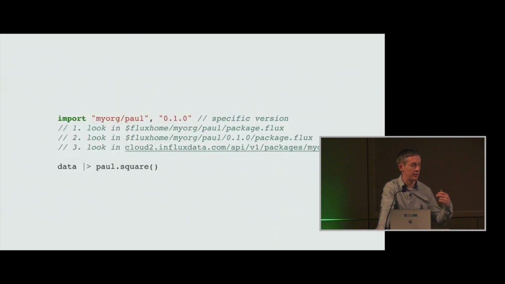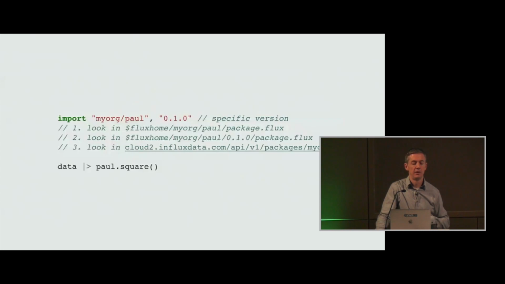And the idea is there are a few different ways it would look up where this package is. First, it would look in flux home /myorg/paul for /package.flux. If there's one there, it would check to see if that version matches. If it doesn't, and if flux home isn't set, then it would skip to 3. Or no, if it doesn't match or if there isn't one there, it would look in flux home myorg paul version number /package.flux.